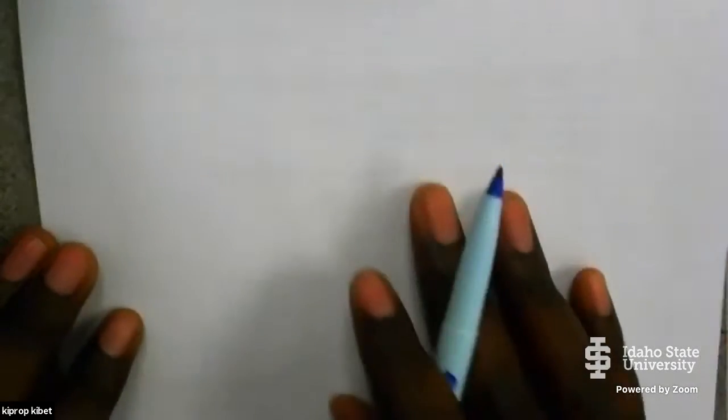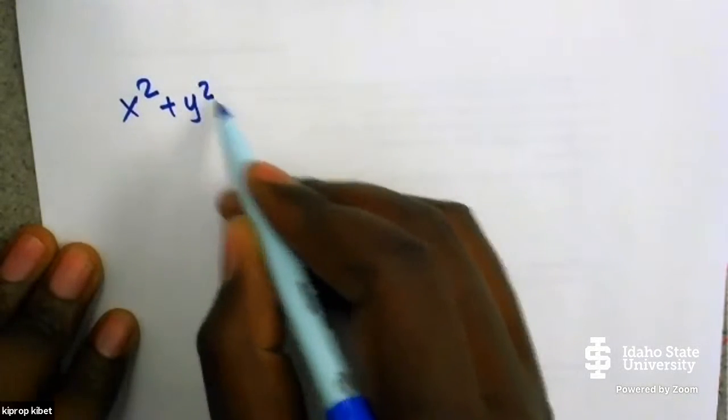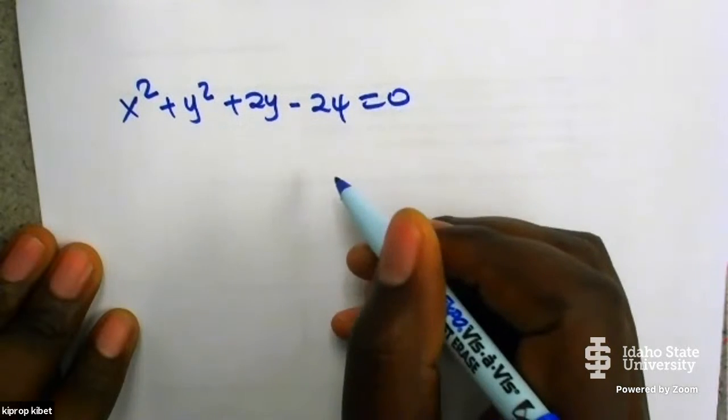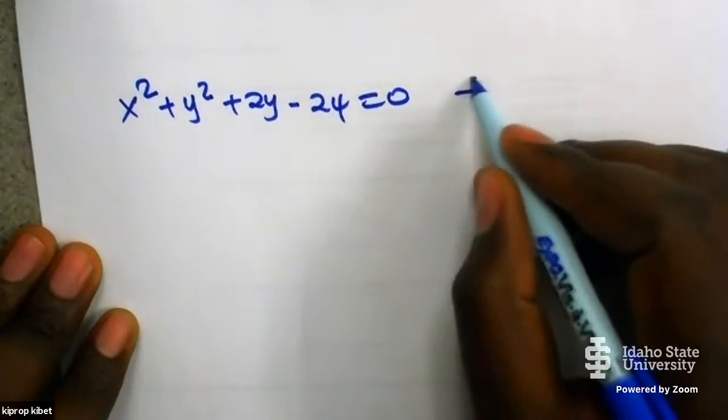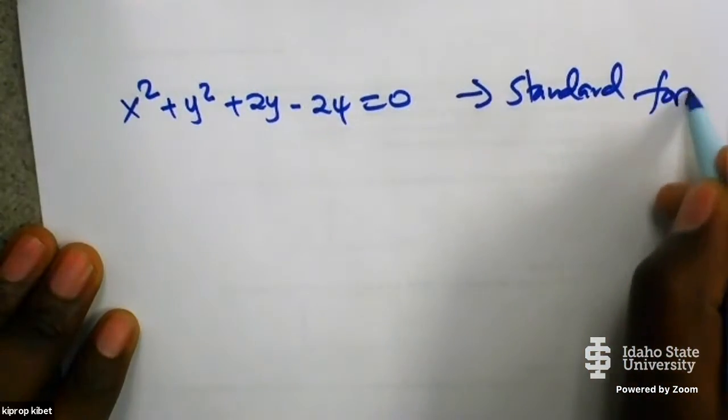So this is the easiest chapter, right? It's very direct. Okay, so if we have the equation of the circle as x squared plus y squared plus 2y minus 24 equals 0, and you're told to write this one in standard form.